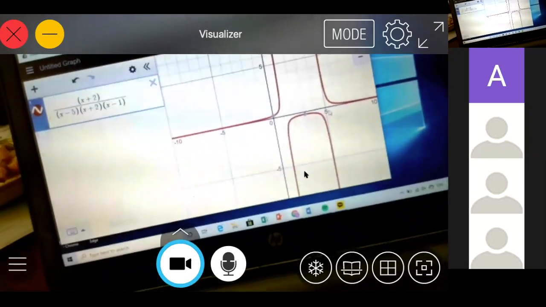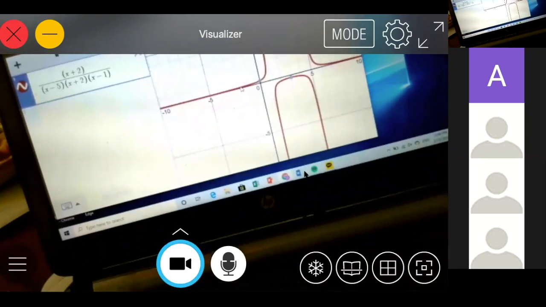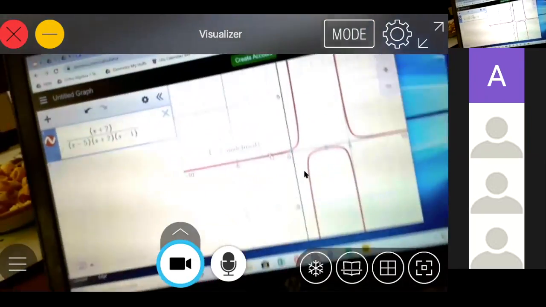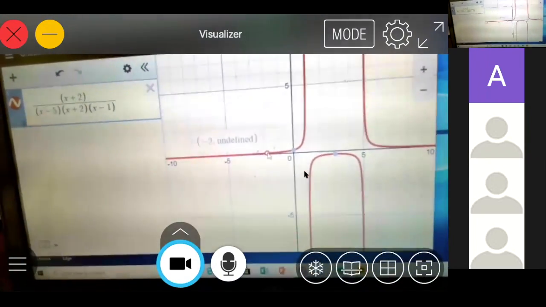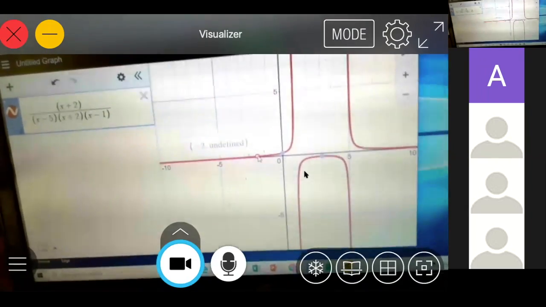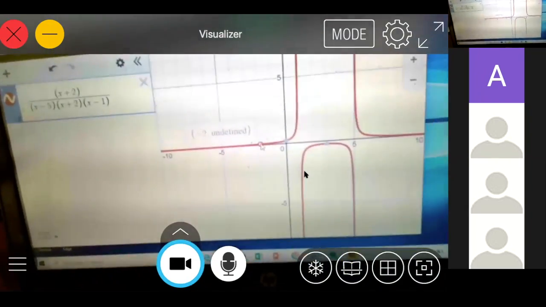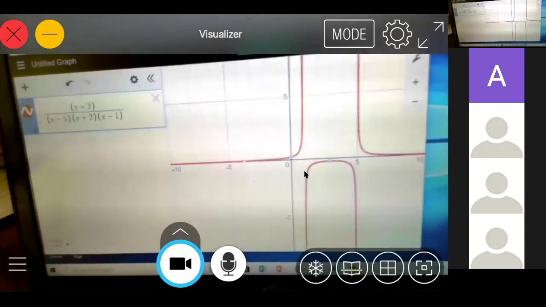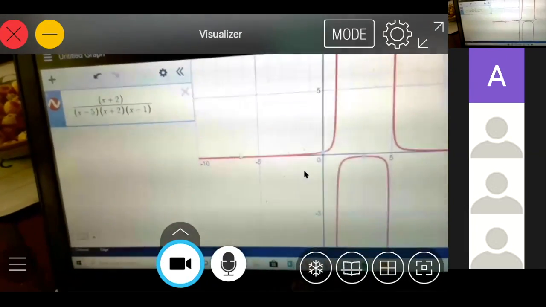And let's see what happens at -2. Do you see when you click on -2, what does your function say? Undefined. So there's no vertical asymptote there, but originally if I plugged -2 into my function, that was a value that we can never find, like undefined.